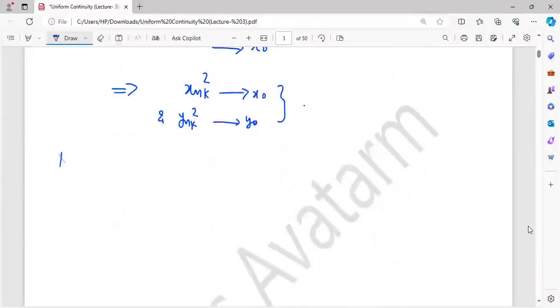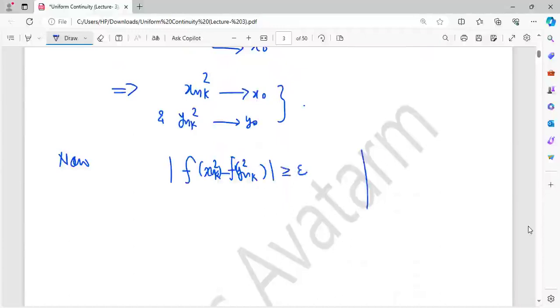Now we have that the absolute value of f(xnk2) minus f(ynk2) is greater than or equal to epsilon.